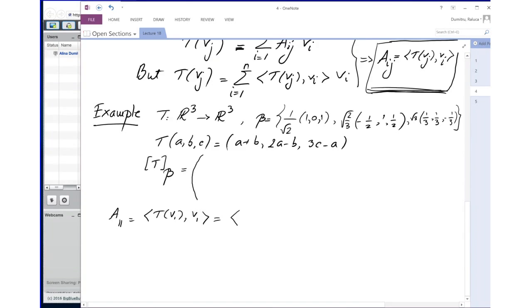A plus B, 2A minus B, and 3C minus A. That's T of V1. Inner product with V1. So what do we get? 1/2 plus 0 plus 2 over 2, so 3/2.